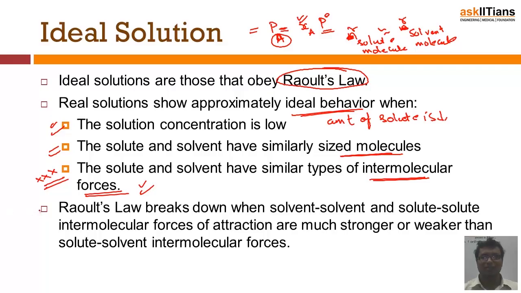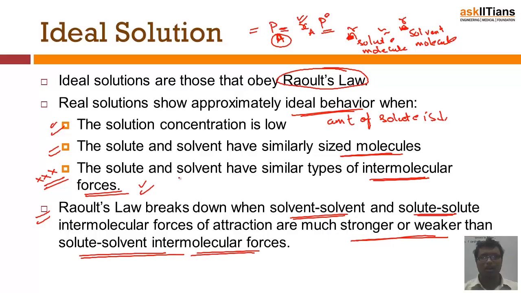So, it is apparent from these three points that Raoult's law breaks down when solvent-solvent and solute-solute intermolecular forces of attraction are much stronger or weaker than the solute-solvent intermolecular forces, right?